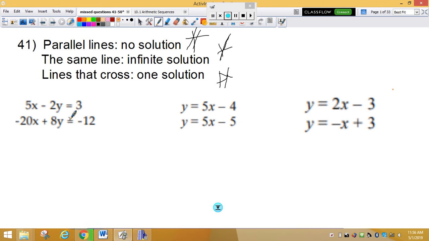This first one I'm going to have to solve for y. I'd move my 20x. The opposite of a negative is a positive. So bring down your 8y, and I got a positive 20x and a minus 12. To move that 8, I would divide by 8.